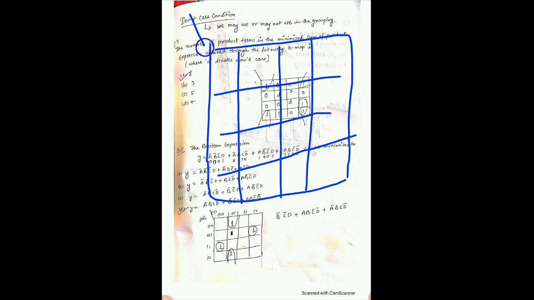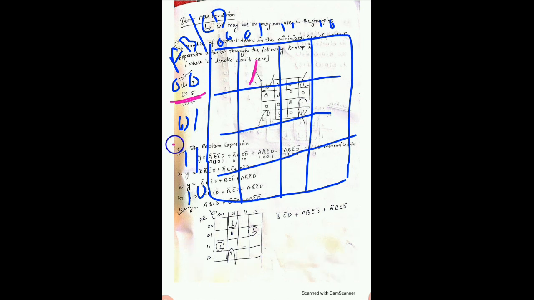Now we have to draw the K map. Here the question consists of 4 variables, so you have to draw the 4 variable K map. Then we have to write A bar, B bar, C bar and D. I will make the K map here so that you will understand easily.